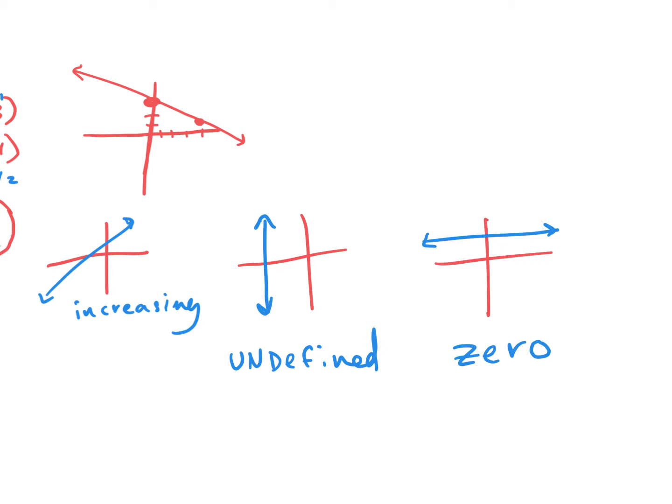One way that I remember which one's undefined and which one's 0, undefined has the N that goes like this, and 0 is a Z that's horizontal. So it's just a little trick to help you remember. Any questions so far?